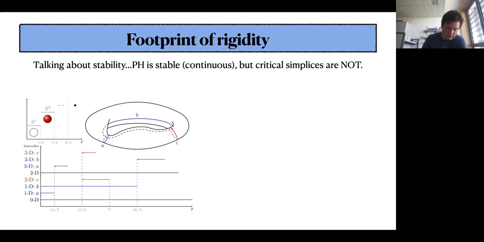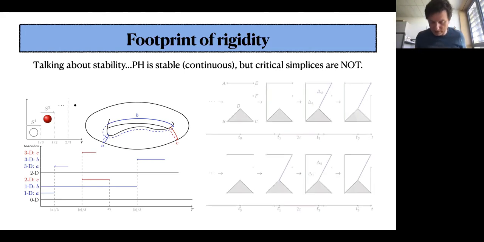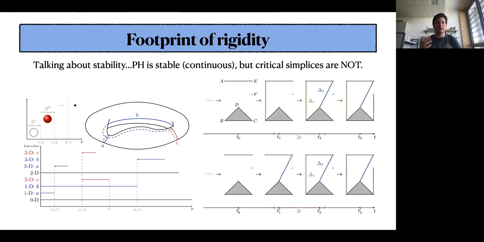And then this endpoint would kind of correspond to C, not to A anymore. So the critical simplex would jump from here to here. Now the result, this footprint that we're going to state is not going to be for Rips complexes, but it's actually just going to be for sub-level filtration, so finite simplicial complexes.